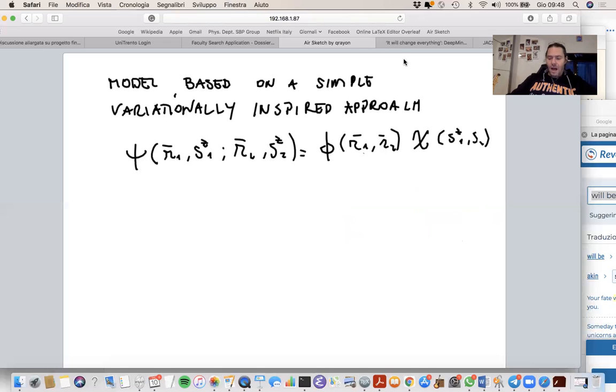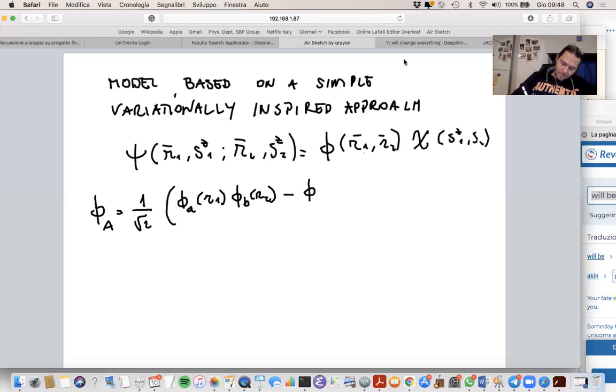So how do we build antisymmetric wave functions? We know that from the Slater determinant lecture. Let's say phi antisymmetric is going to be the antisymmetric combination of ground state single particle wave functions. Likewise, the symmetric combination will have a plus here.